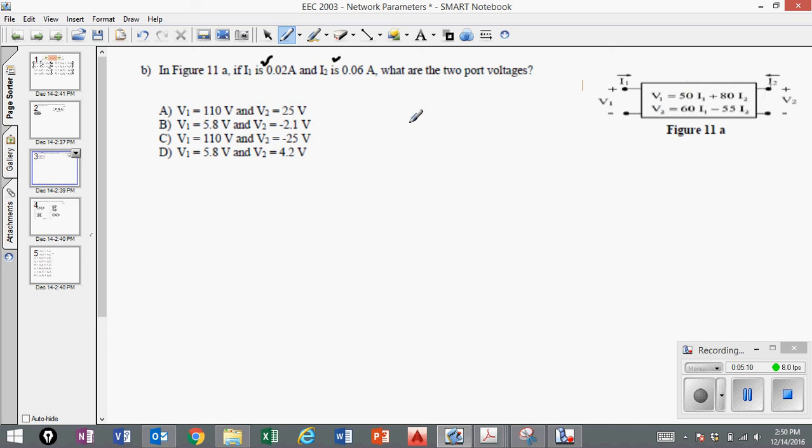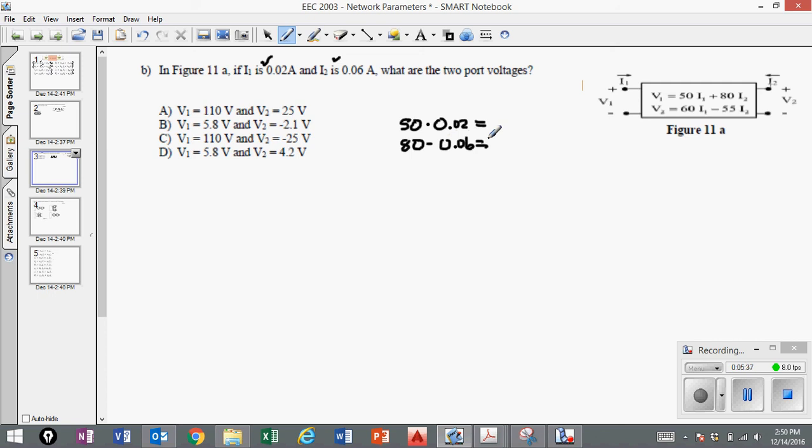In this example here, you would simply take the value of 50, which is the impedance Z11, and multiply by the current that's given, 0.02. That will give you a number. And you would also multiply the Z for the second term and multiply that by the second current, 0.06.